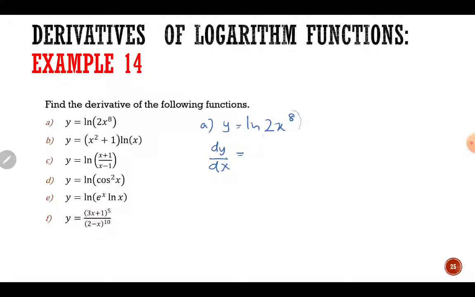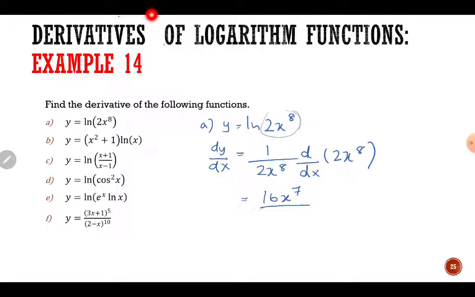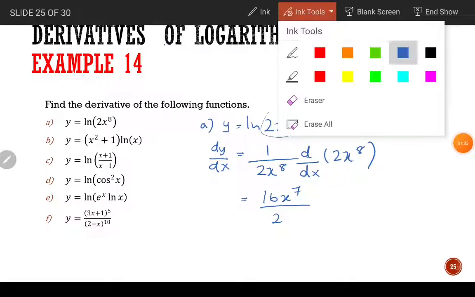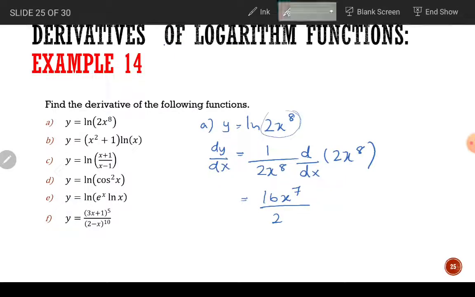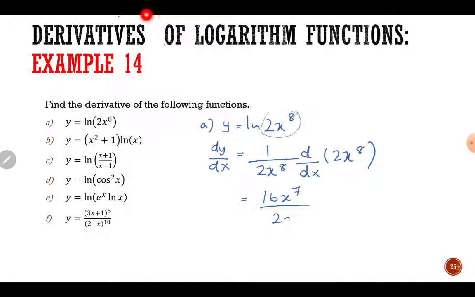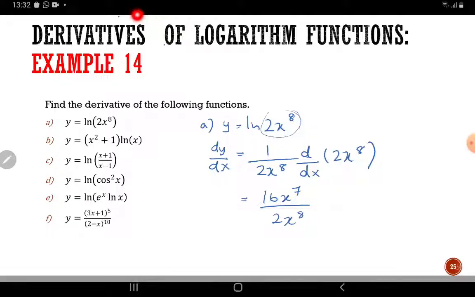Whatever is inside the ln, you just put 1 over it, so 1 over 2x^8, and do not forget to find the derivative of what we put underneath, 2x^8. So the derivative of 2x^8 gives us 16x^7, divided by 2x^8.